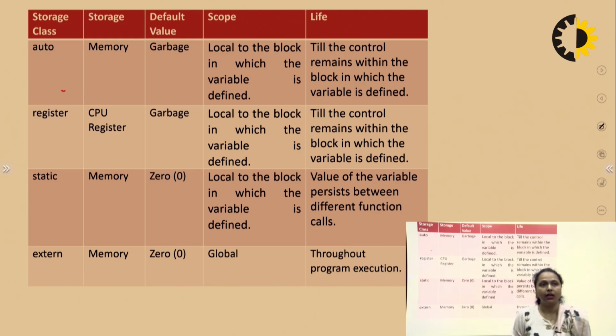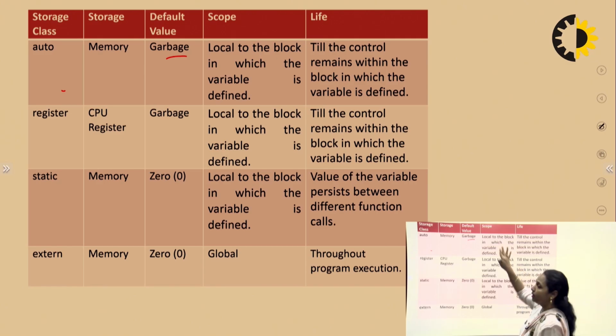Memory means RAM, so the data entered by the user will be stored in RAM. The default value is garbage value, that is any anonymous data which is not required by the user. So by default it will give you the garbage value if we forgot to initialize the variable which is declared as auto storage class.